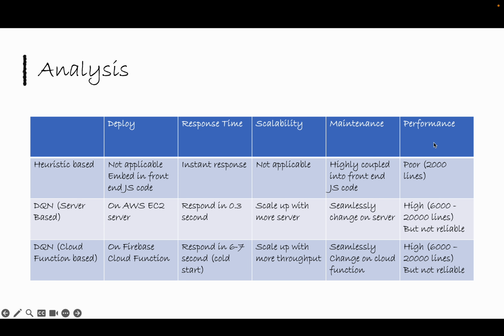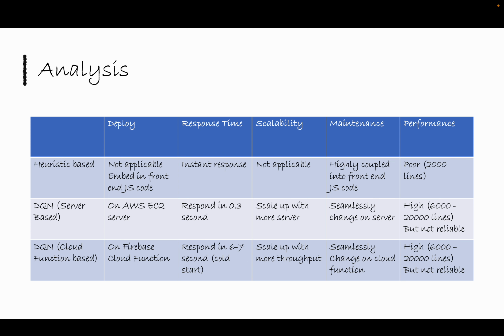The next metric I would like to talk about is performance. For heuristic-based AI, normally it can clear 2,000 lines or more. Compared to the DQN, it's not a good performance, but I think it's totally enough to beat a normal player. And as for the DQN, this model's performance is relatively high.